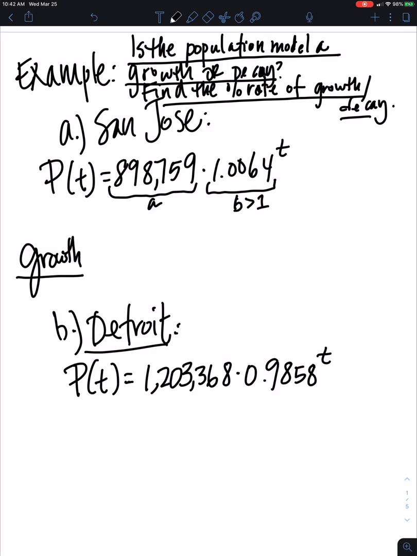So we know it's a growth because it's greater than 1. And then we want to find out what the rate of growth is. So remember in this parentheses right here, we have 1 plus r, and that equals this number right here. So 1 plus r equals 1.0064.